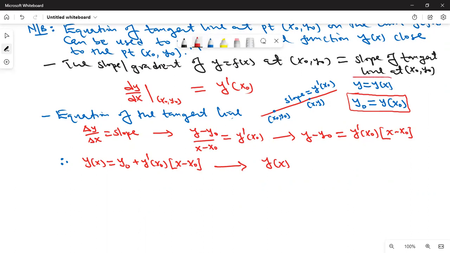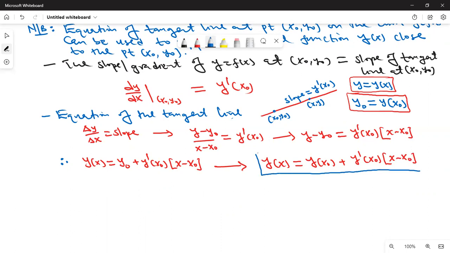So we are saying y of x is equal to y of x naught plus y prime of x naught times x minus x naught. This is the formula that we are going to be using when we are dealing with problems in linear approximation.